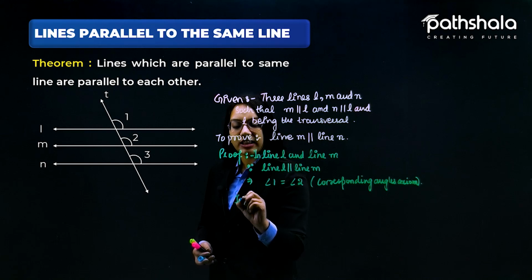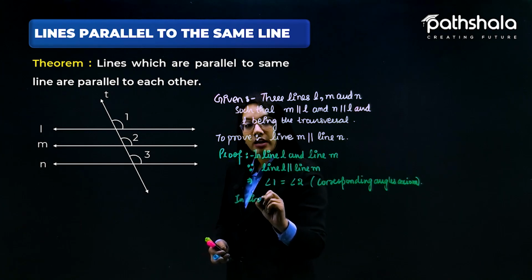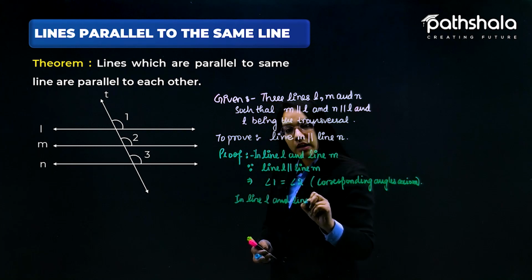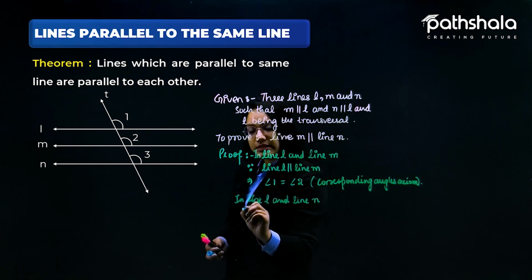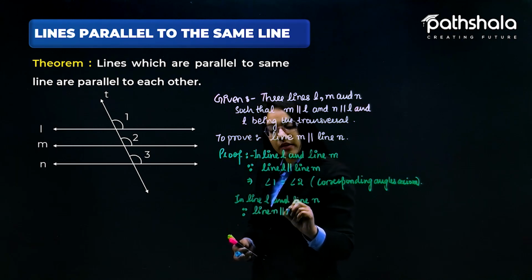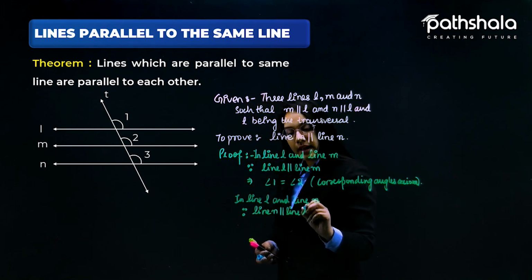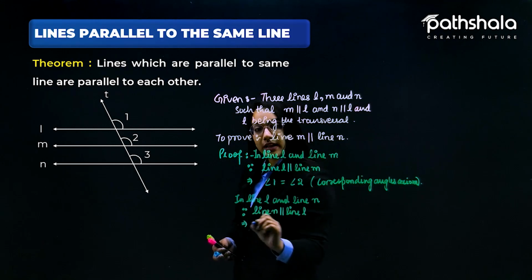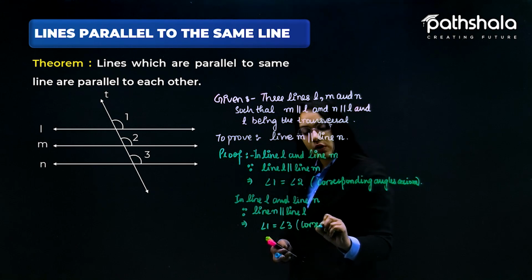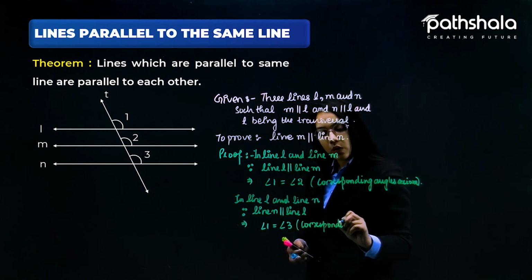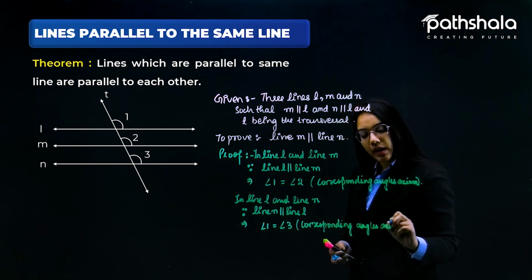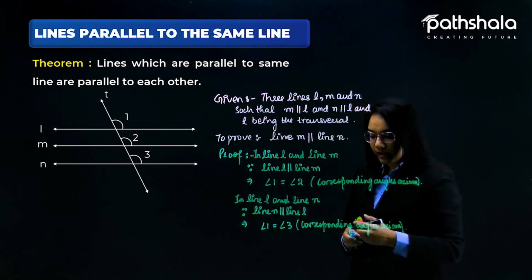Furthermore, in the line L and the line N, since the line N is parallel to the line L, it implies that angle 1 is equal to angle 3, again due to the corresponding angles axiom.